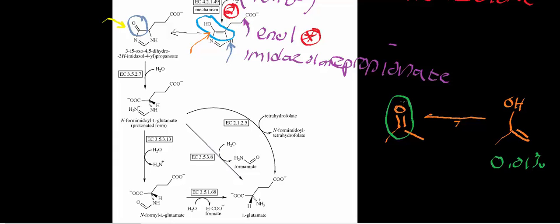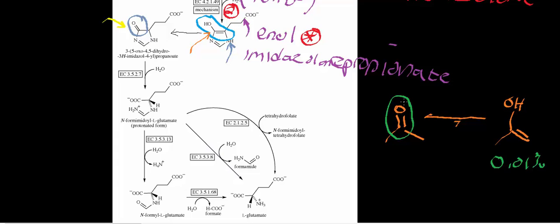So enols are terribly unstable. And it turns out that there's more of an instability in the enol form than there is in the non-aromatic form. So in other words, it's more stable to be without aromaticity than it is to be with the enol. So the tautomerization will cause the enol to form into a carbonyl.